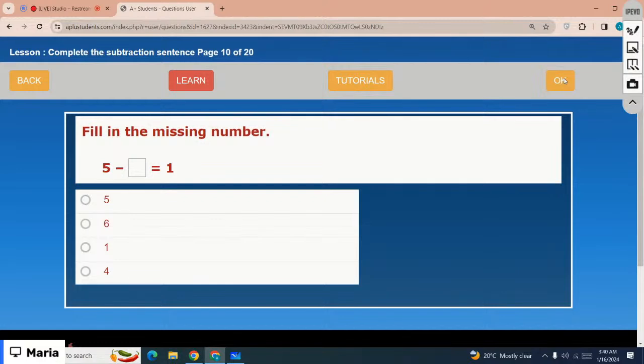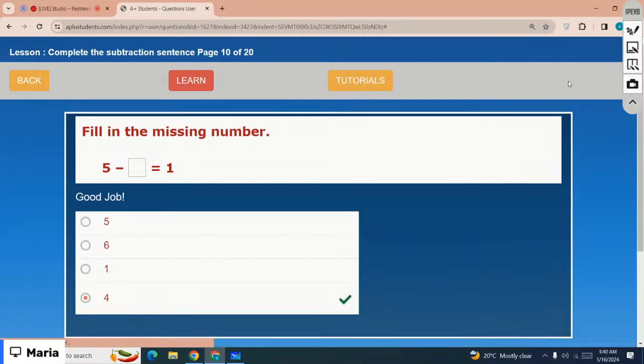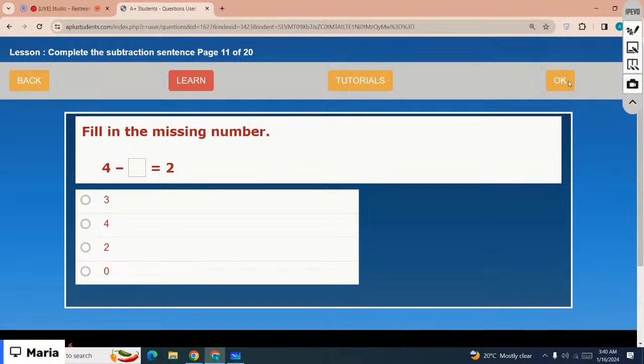The correct option is 5 take away 4 equals 1. Okay, you can complete the lesson by yourself later today.